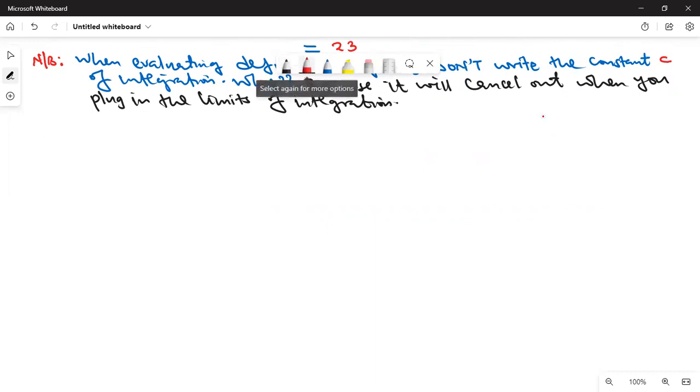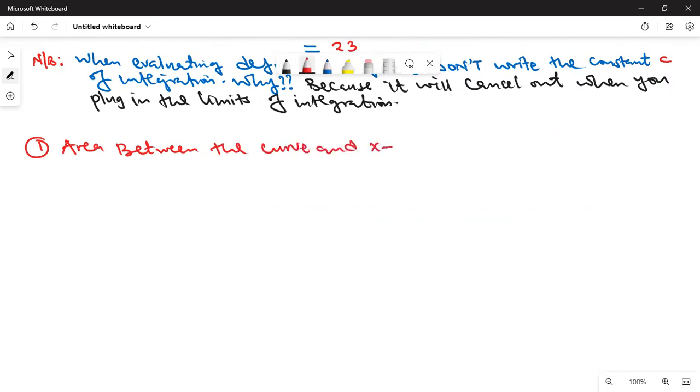So right here, number one is area between the curve and the x-axis.